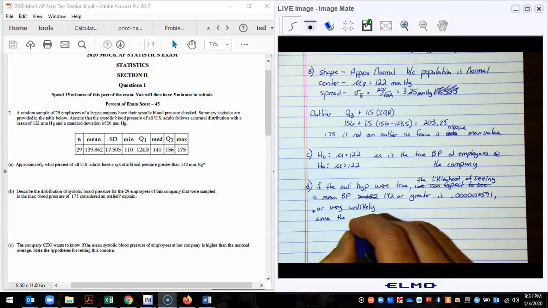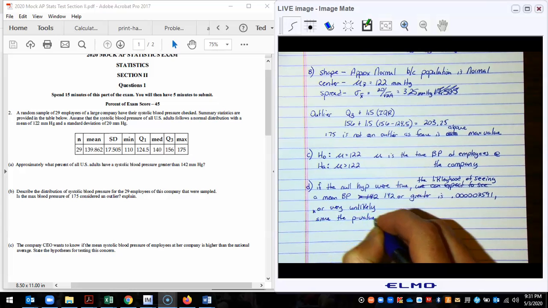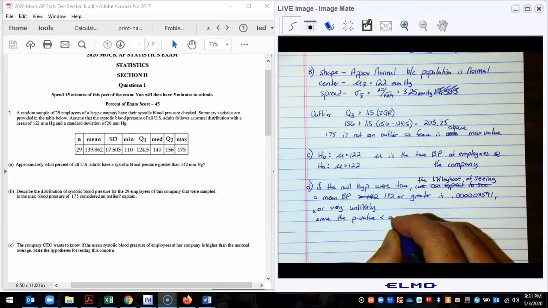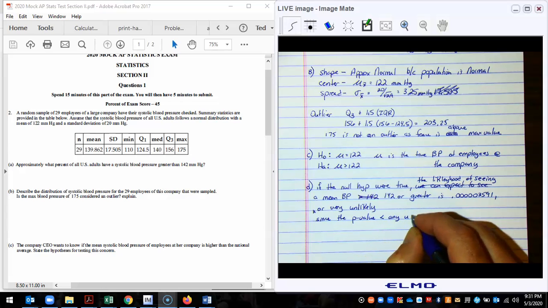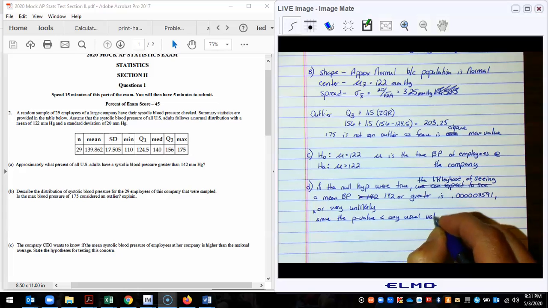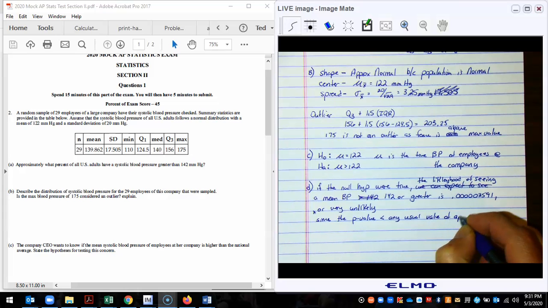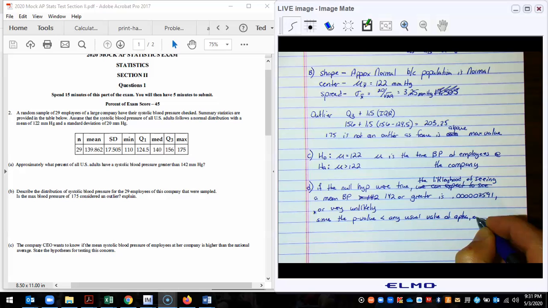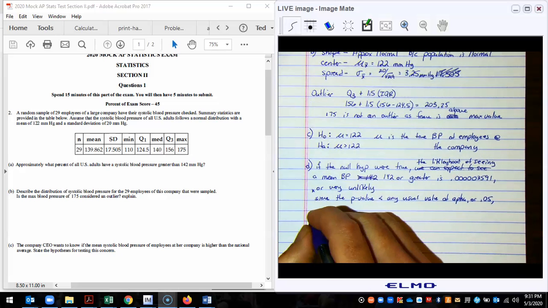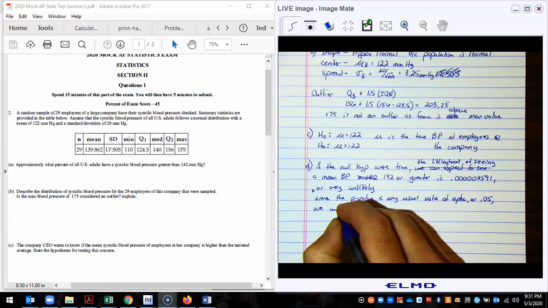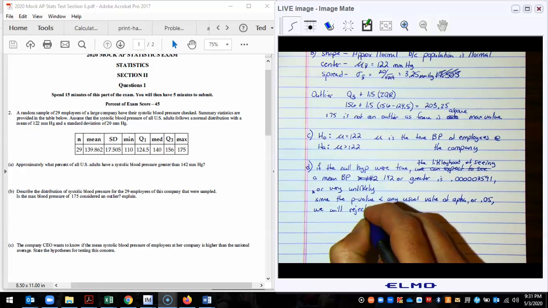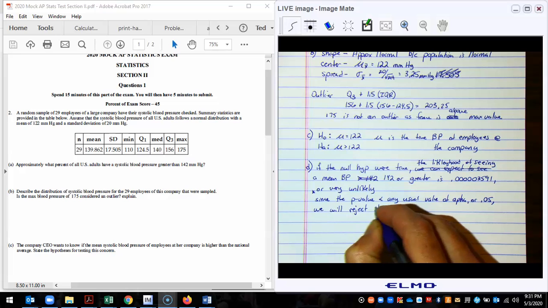Since the p-value is less than any usual value of alpha, or 0.05, we will reject the null.